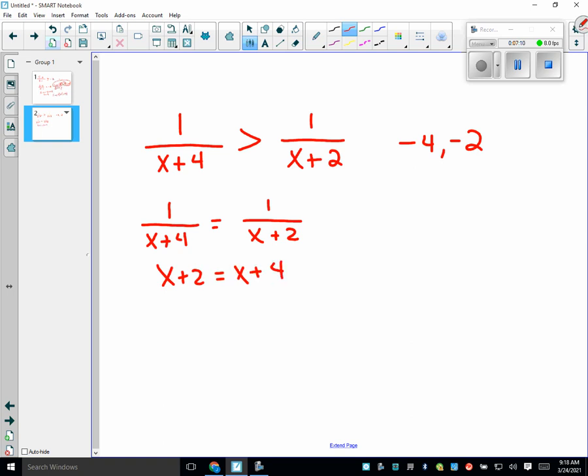So there's no number that works for that. So my only numbers are -2 and -4, which is -infinity to -4. And these are all parentheses, aren't they?